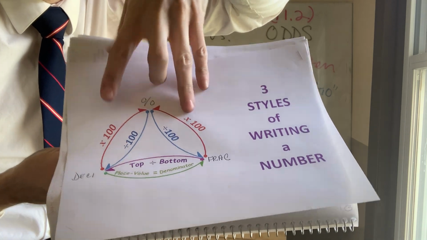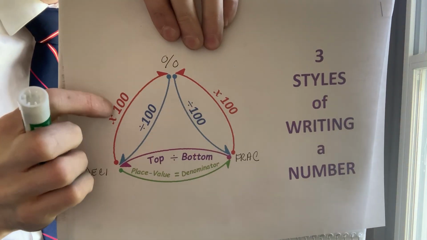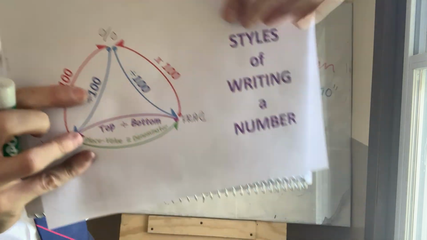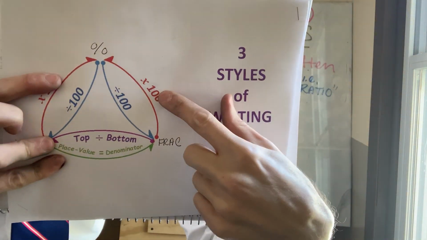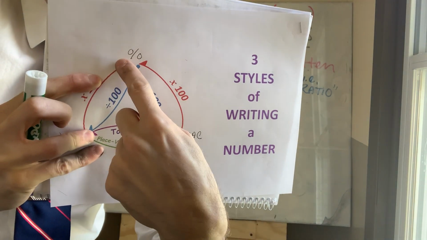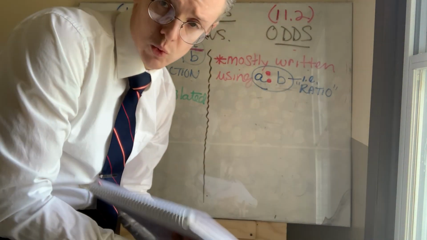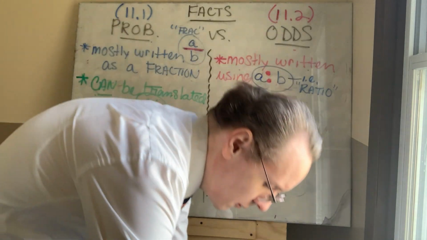In both cases, you're really just multiplying by 100, whether you're starting with decimals or with a fraction. And then you just remember to leave that symbol, which really looks like 100. Anyhow.